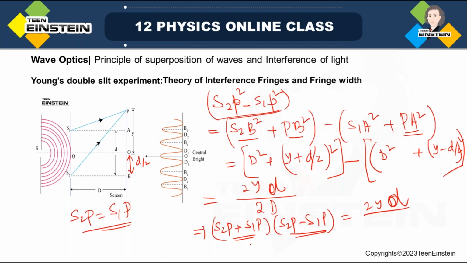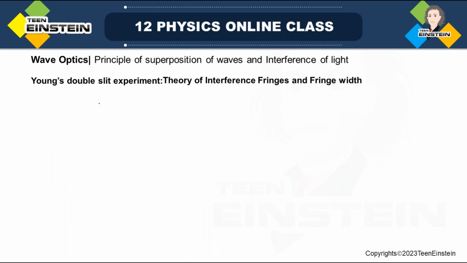So this term I can write 2D. S1P and S2P are actually very near to O. See, this P point is very near to O, then it is 2D here. Let us write it here.